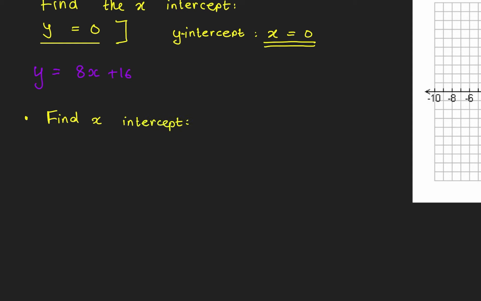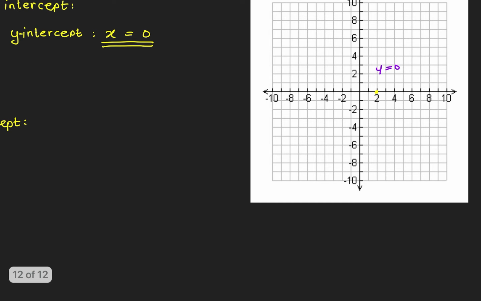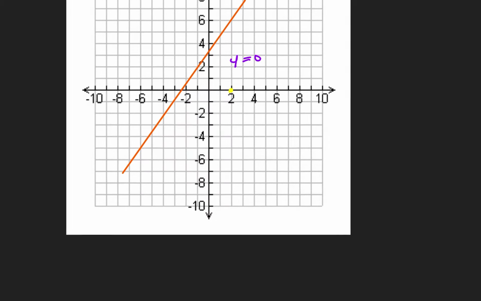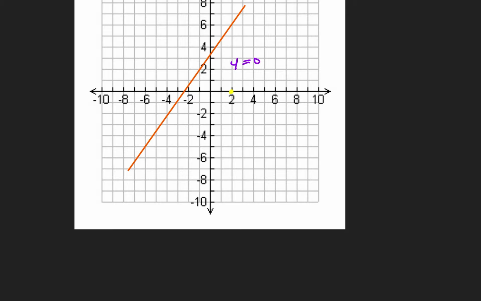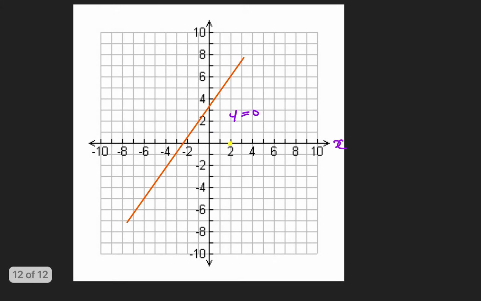Just to make you aware of the pure definition of what intercept means, it's basically where a graph line intersects either axis. So if you look at a graph, for instance, let's make a fake graph here. And we're intended to pick up two different intercepts. We have the x here and we have our y here.